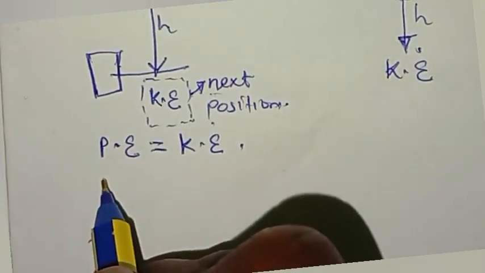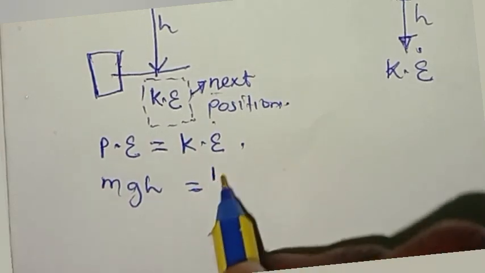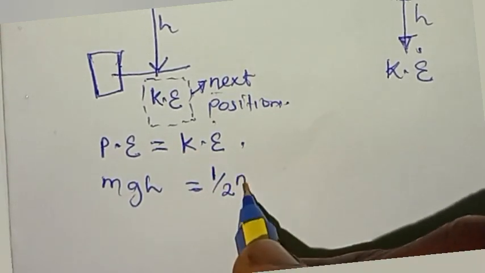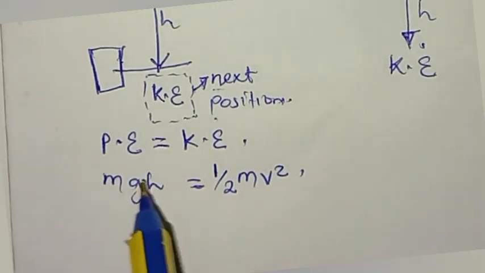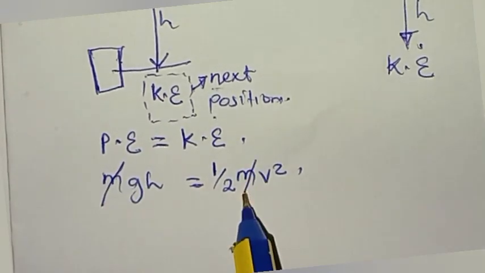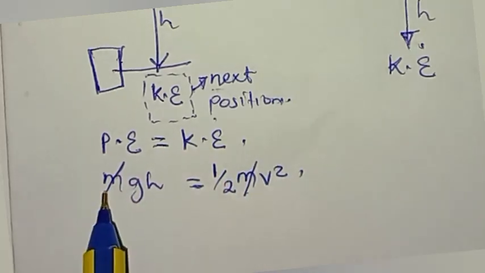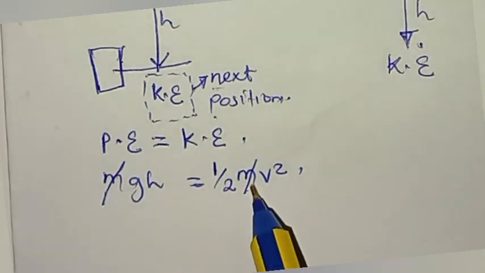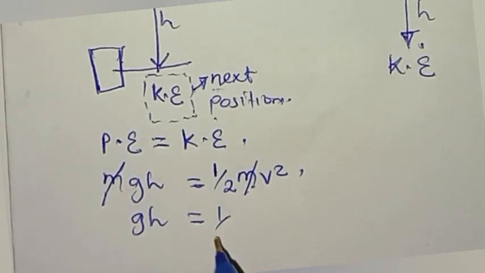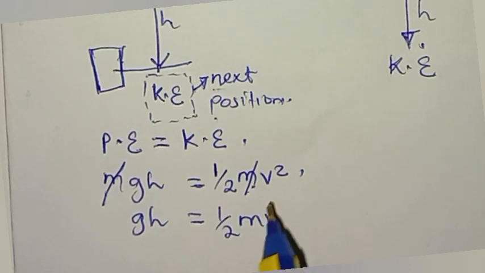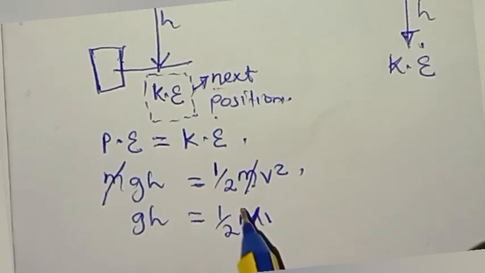and potential energy is mgh equals kinetic energy, which is a half mv squared. Then mass will cancel mass because it is the same object that has been displaced. We are going to remain with gh equals a half v squared.